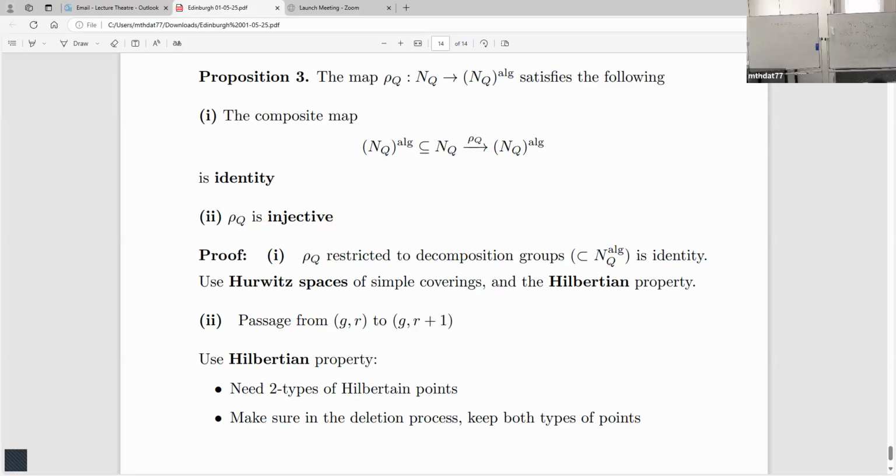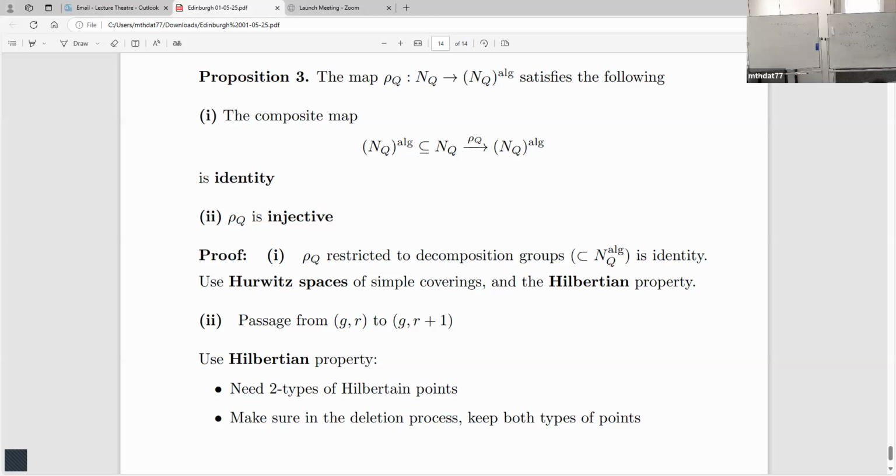The idea is to pass from GR to GR plus 1. One works with a single fixed Hurwitz datum curve of type GR, and then considers the family of curves of type GR plus 1 over this, which arise from taking punctures inside such a curve, and then one works with the configuration space of type 2, the 2 configuration space over this, and so on.